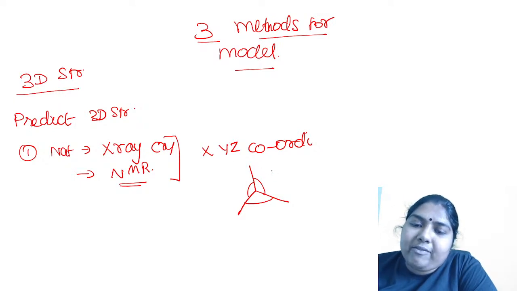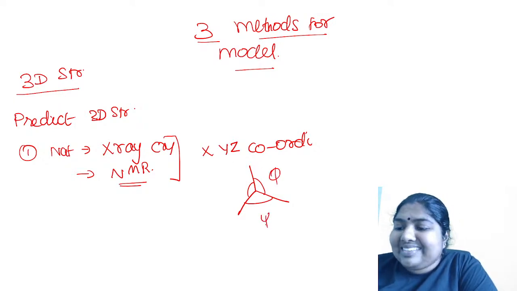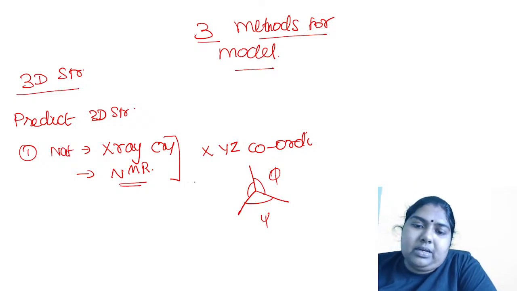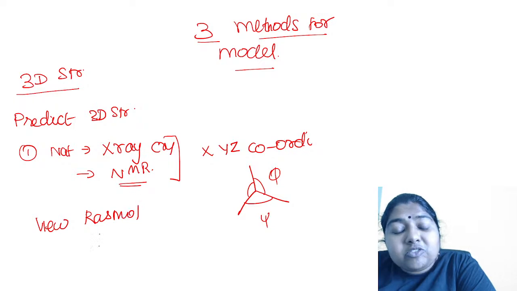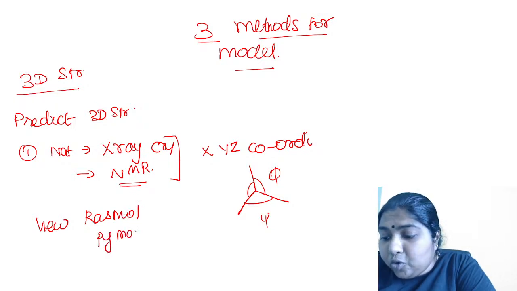By that you have your phi angle and psi angle. Based on that, you can come up with the structure. That is what you view in RASMol and PyMol. You can view it using these tools.